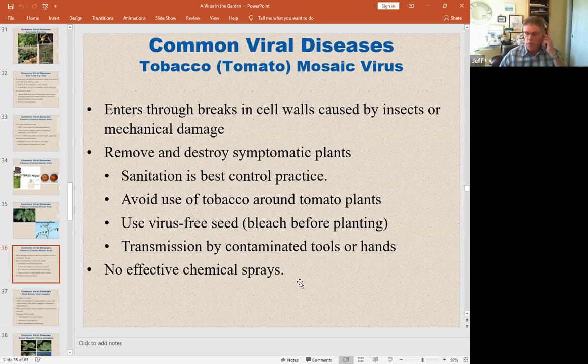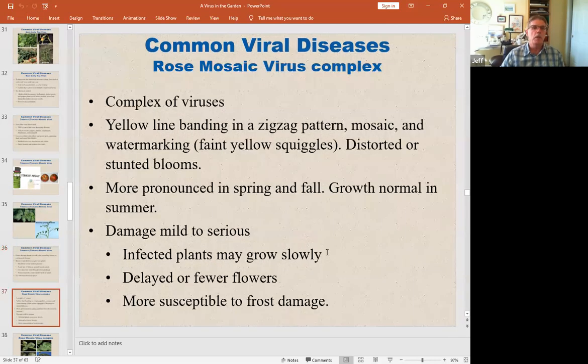If anybody smokes or uses tobacco products, you shouldn't do that when you're out working in your garden, because the tobacco mosaic virus may be present in the tobacco product and be transmitted as you're working with your plants. Use virus-free seed. You can bleach it before planting if you have doubts, and it's transmitted by contaminated tools or hands. No effective chemical sprays.